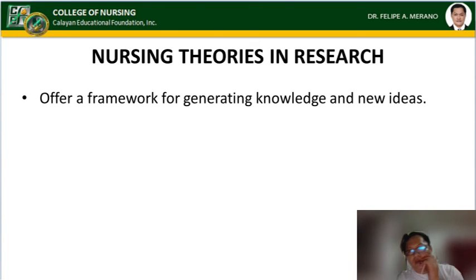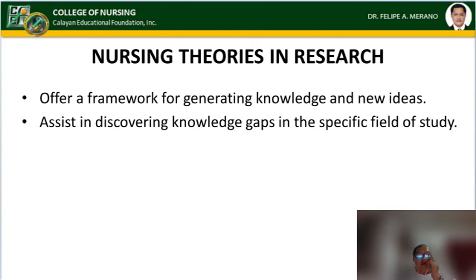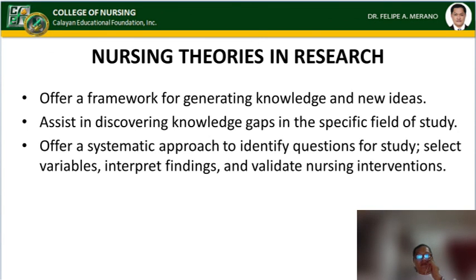They conceptualize the different staging of knowledge in nursing, assist in discovering knowledge gaps in the specific field of study, and offer a systematic approach to identify questions for study, select variables, interpret findings, and validate nursing interpretation. These are all key concepts in research.